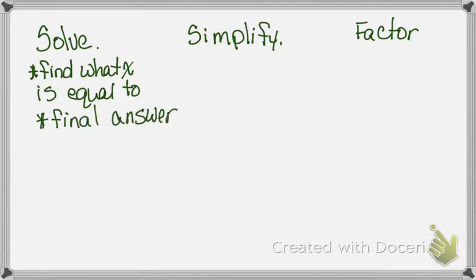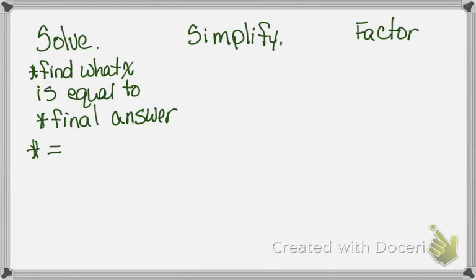What else? Solve. When we're talking about solve, what are we talking about? What kind of math are we talking about? What sign are we going to have when we're solving? Addition and subtraction. Okay, addition and subtraction, we can actually have that when we're simplifying also. Equal to. Okay, so we're going to have an equal to.